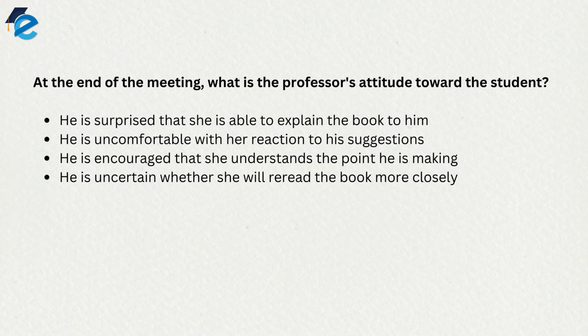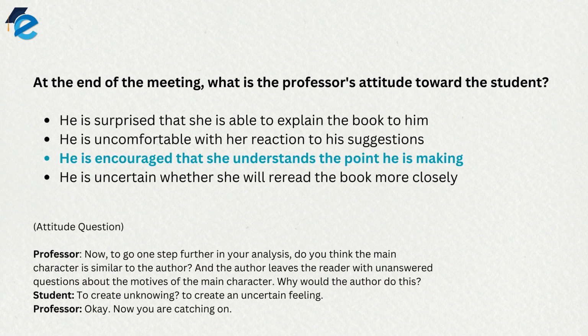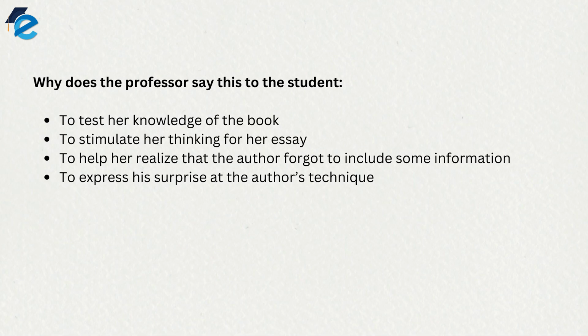At the end of the meeting, what is the professor's attitude toward the student? Why does the professor say this to the student? And the author leaves the reader with unanswered questions about the motives of the main character. Why would the author do this?